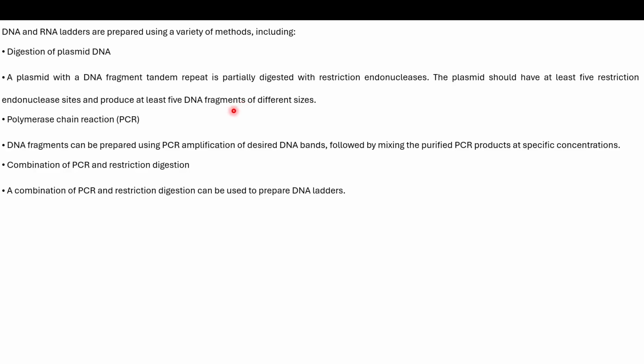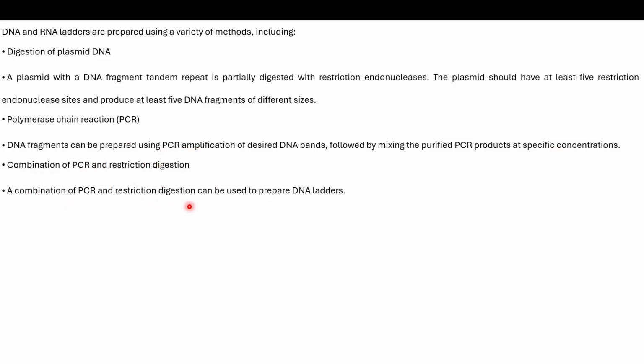Okay, so when you have got different sizes of your DNA, you will have to amplify each sized fragment so that you have enough amount. So you carry out polymerase chain reaction, or PCR, and DNA fragments can be prepared using PCR amplification of desired bands, followed by mixing the purified PCR products at specific concentrations, and then you combine PCR and restriction digestion.